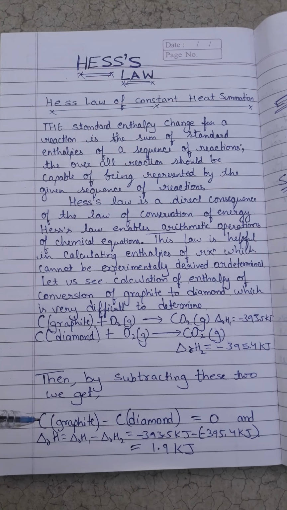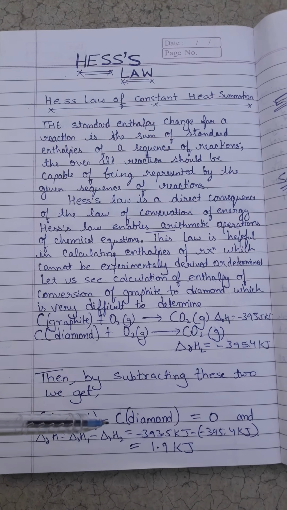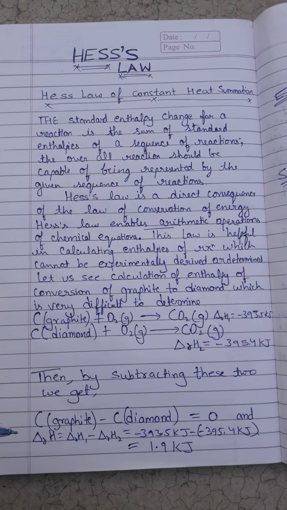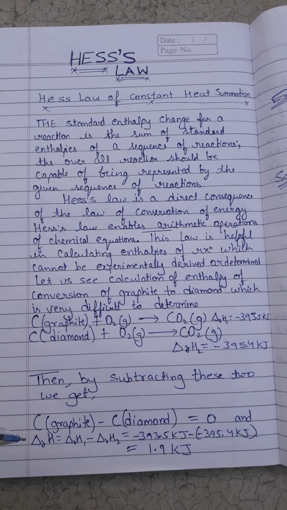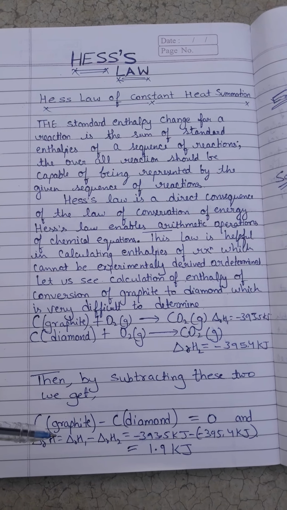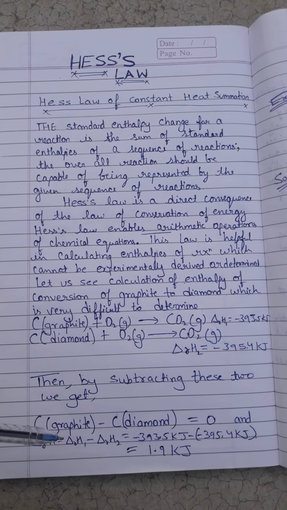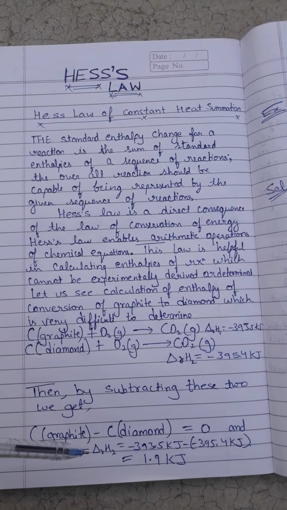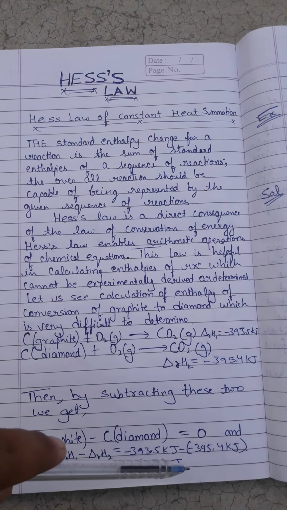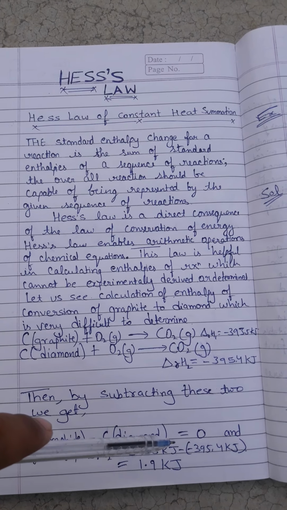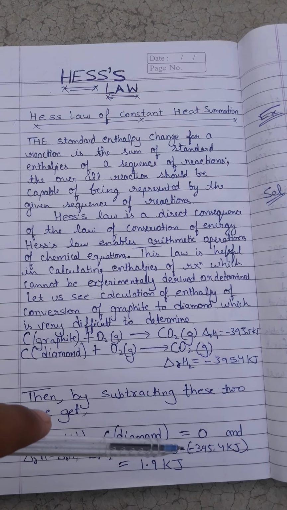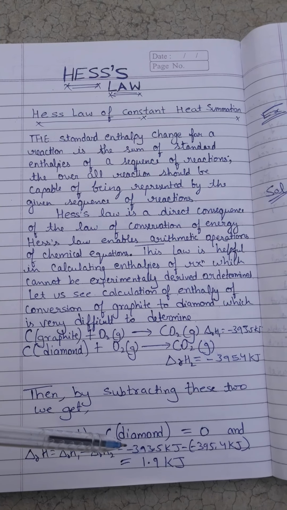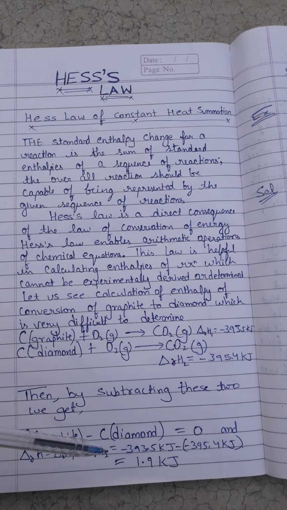So we write in general terms, carbon minus carbon equals 0, and delta rH is the standard enthalpy of equation 1 minus the standard enthalpy of equation 2, which is minus 393.5 kilojoule minus (minus 395.4 kilojoule), equal to 1.9 kilojoule.